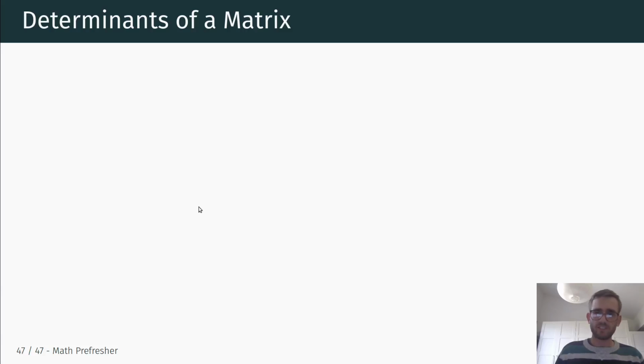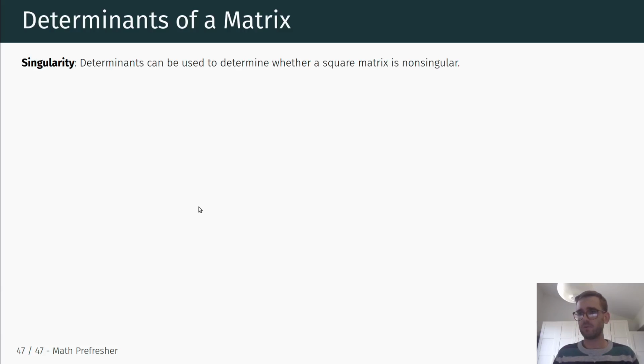The last topic is the determinant of a matrix, which we will encounter as well going forward. In general, determinants of a matrix can be used to determine whether a square matrix is non-singular, so whether it is invertible.